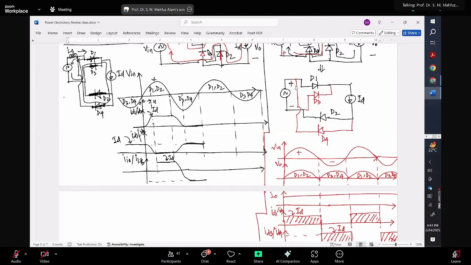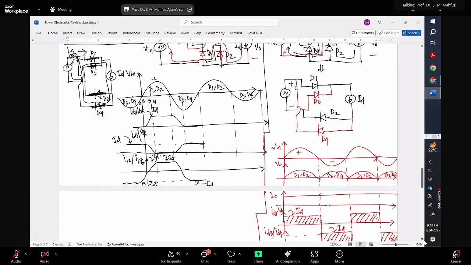So it will transition from plus ID to minus ID. In a similar way, it will have the current waveform like this, where it transitions from minus ID to plus ID.